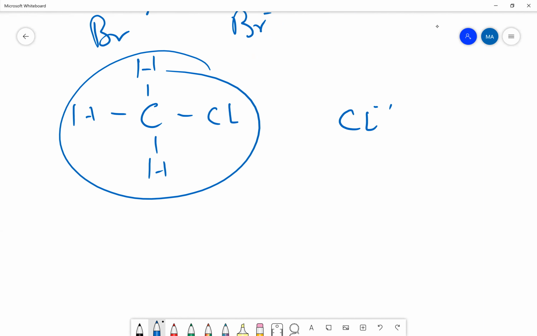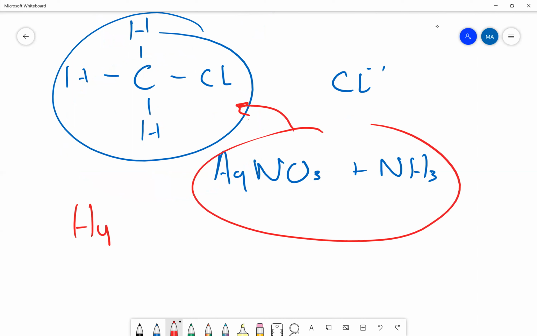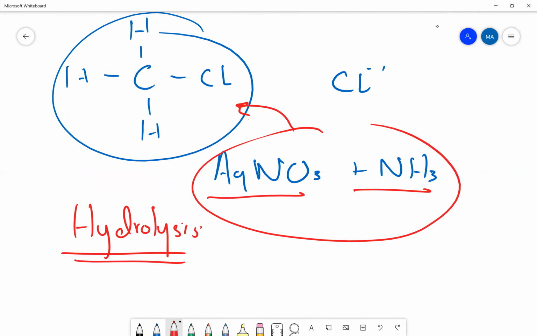The test that we perform to identify the halide is the AgNO3, the silver nitrate test. AgNO3 along with NH3. These are the two compounds that we use to test the presence of halides. And this test is known as the hydrolysis test. Hydrolysis with AgNO3 and NH3.